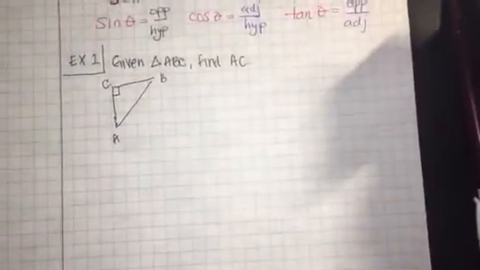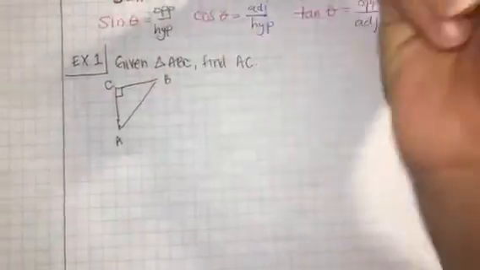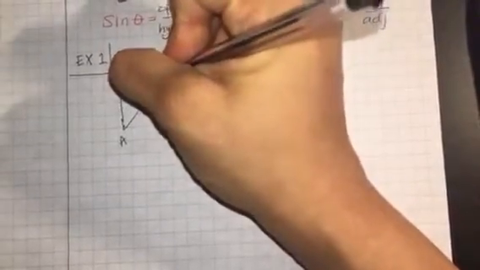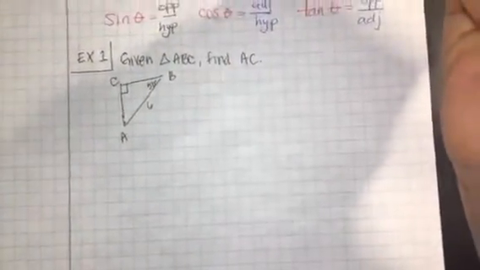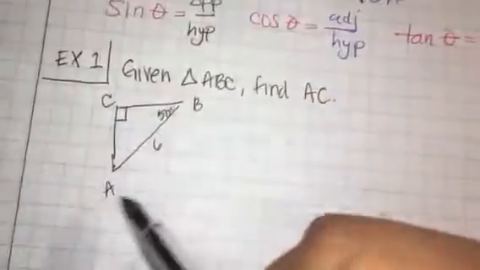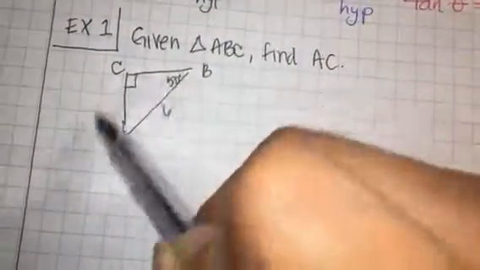A, B, C. This time, I'm not going to give you theta, I'm going to give you an angle measurement. You're going to use this angle measurement, that's 50 degrees, and I'm going to give you a side measurement. Could you use the Pythagorean theorem to find these sides?